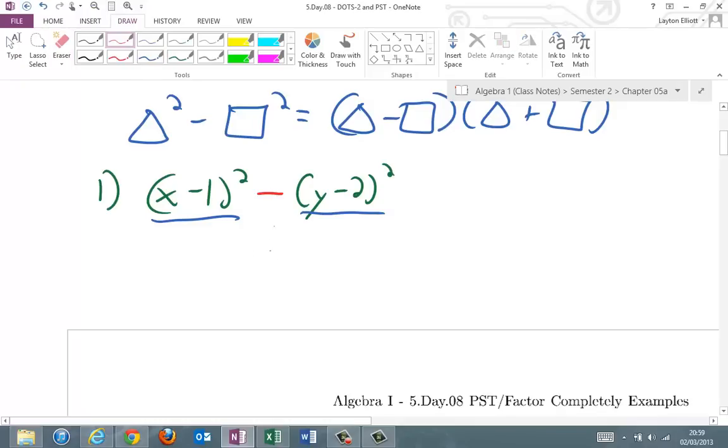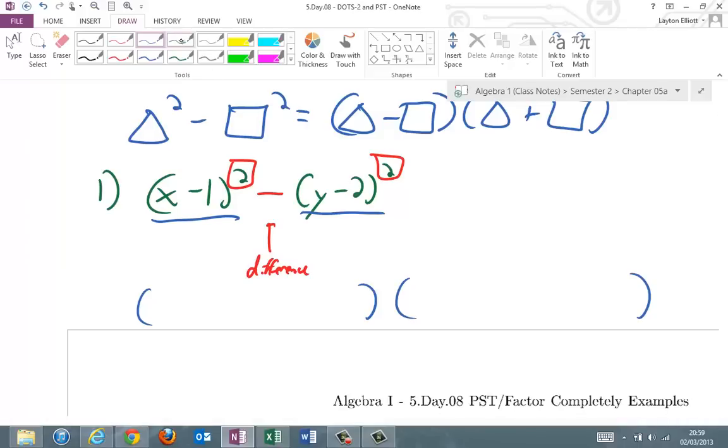This follows the idea of a difference of two squares. So if it's a difference of two squares, we're going to factor it into two binomials, and I'm going to make these ginormous binomials.